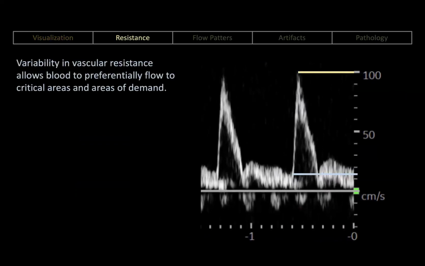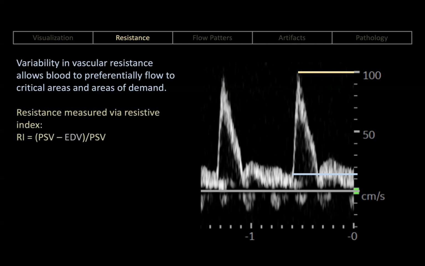So, moving on to our second topic, which is resistance. There's variability in vascular resistance, which allows blood to preferentially be shunted either towards or away from a particular area. The resistive index is measured by subtracting the end diastolic velocity from the peak systolic velocity and dividing that by the peak systolic velocity.